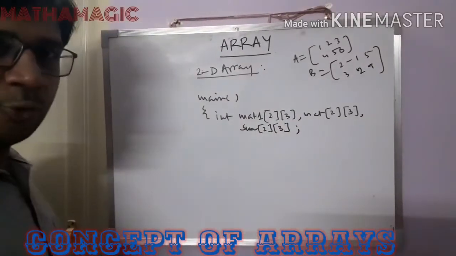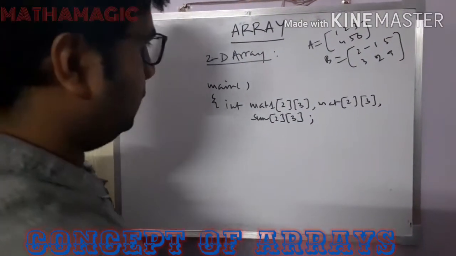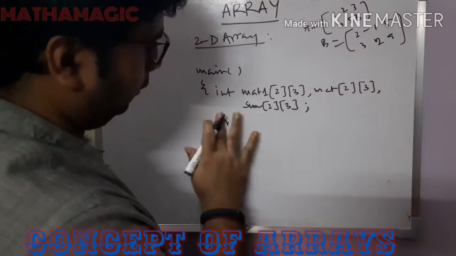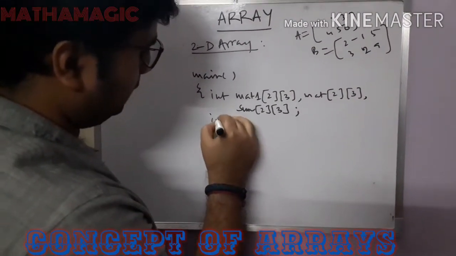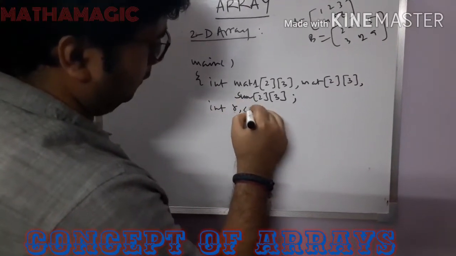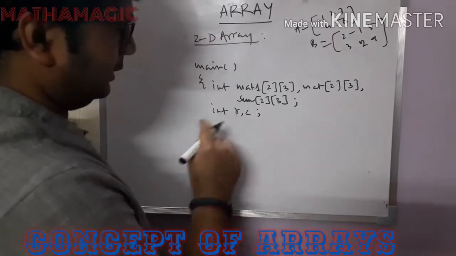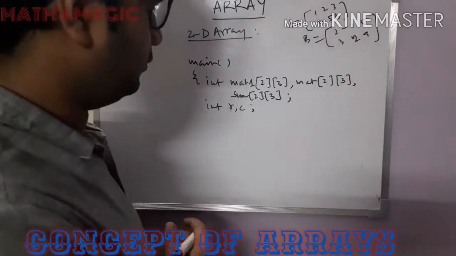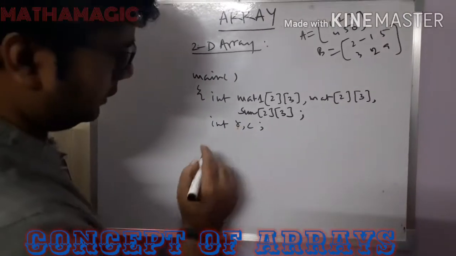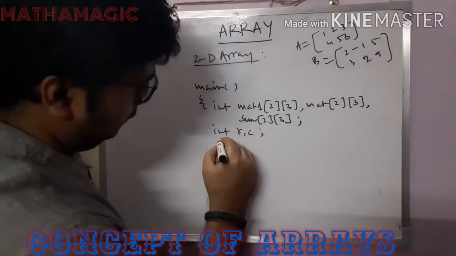Definitely the sum of two matrices is always a matrix. So in order to perform this, we have to take some more variables like int i or row or column. For now these are the two variables which are coming into my mind. If any variables are needed, we can use them. We'll just initialize and use.